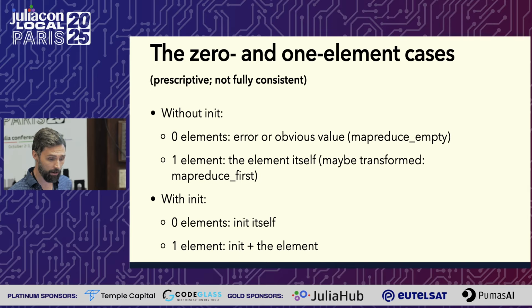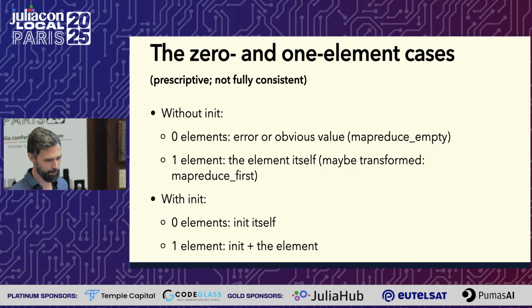If you have one element, well, then that element is the element itself. And this can lead to some surprises too. Most commonly, I've run into this myself with vcat, because vcat will either return an array, or if you're reducing over it, it's going to just return the element itself. And so you end up with not an array if you don't have an init value there. That's often where it comes up.